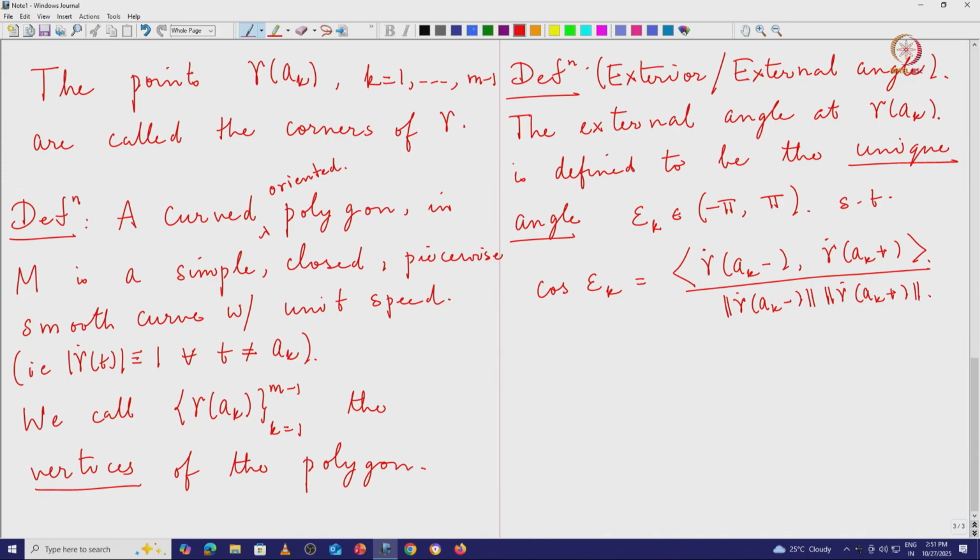We are dividing by these, but note that these things are just one, because we have parameterized so that our curve has unit speed.